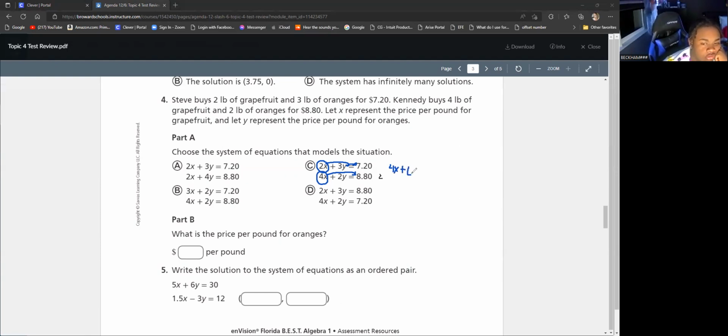Plus, yep, equals 720 times 2, 1440. Okay, rewrite the second one underneath that first one.